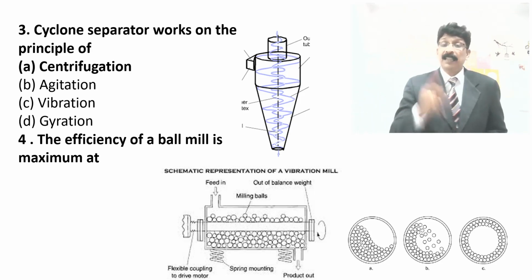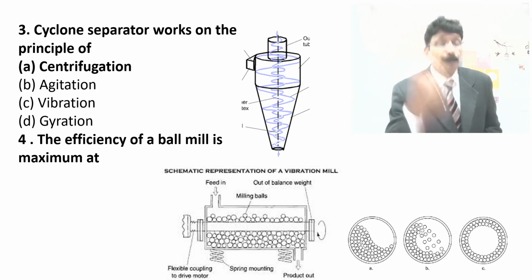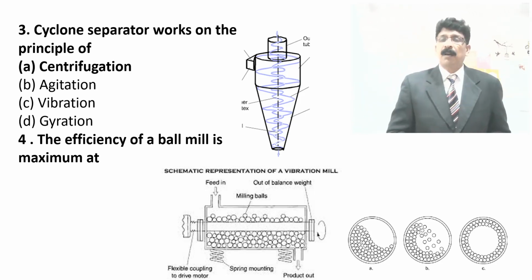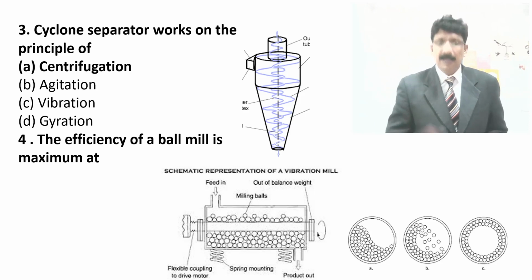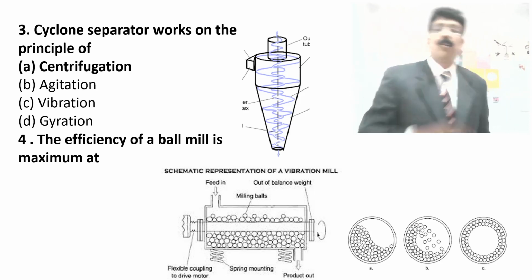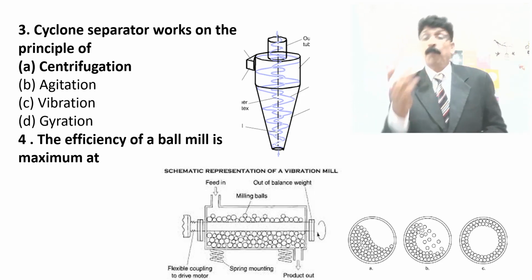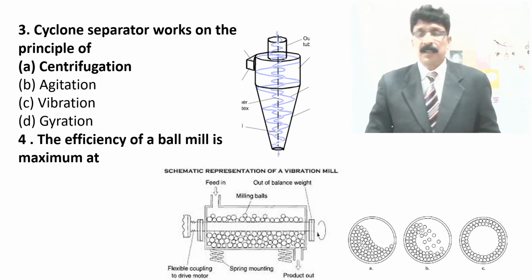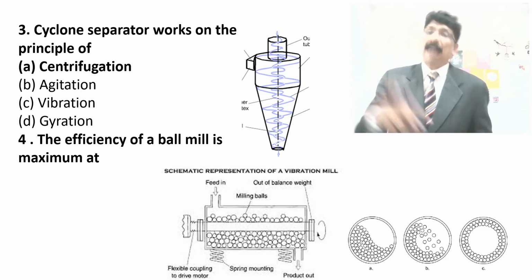In that, this ball mill will operate on two principles. One is impact and another is attrition. Impact means something is thrown on the object and breaks it into smaller particles. So here the balls will be thrown to the walls or to the objects and the object will be broken, that is impact.